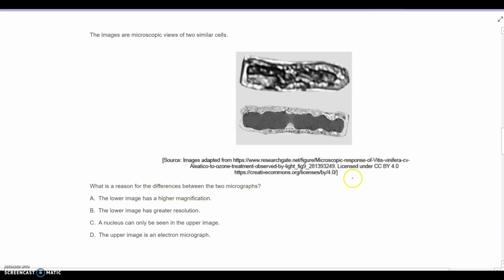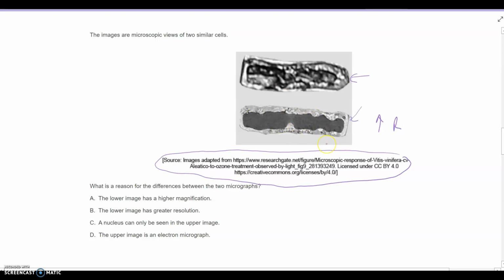Just FYI, it's always sensible to read what it says underneath the images, the reference. This one isn't particularly useful, but quite often they actually give you quite a lot of information. When we look at this top image, it's really fuzzy compared to this lower image, which tells us the lower image has a greater resolution. That's the difference here.